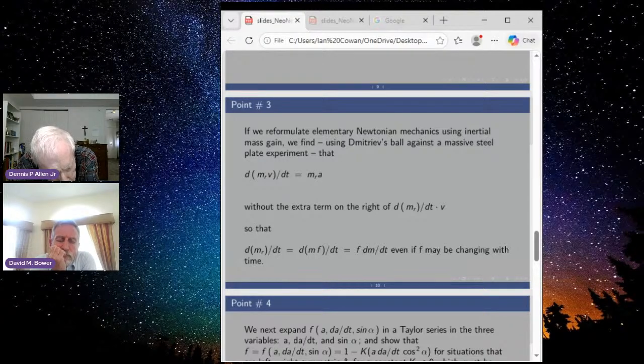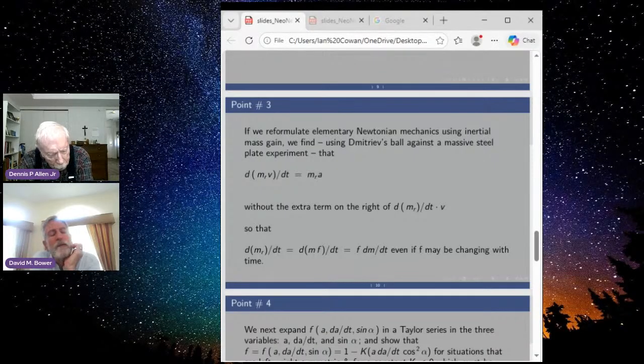But it turns out that Newton supposedly took the time derivative of the momentum, which was inertial mass times the velocity, and so we got two terms because of the usual definition of derivative.